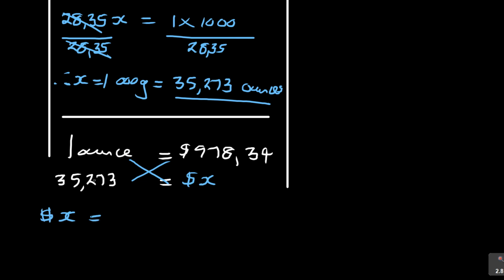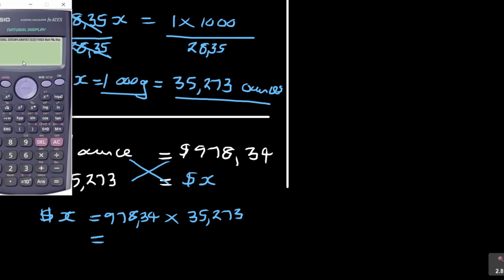X is equal to 978.34 multiplied by 35,273. Are you seeing that? We're converting that 1 kilogram, which is the 1,000 grams of gold.